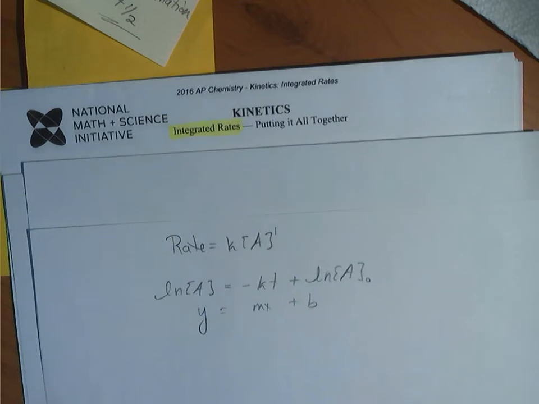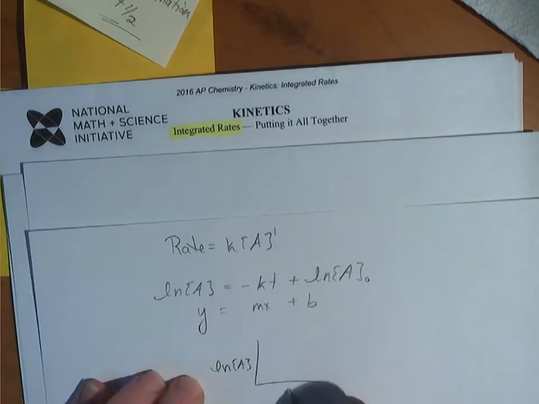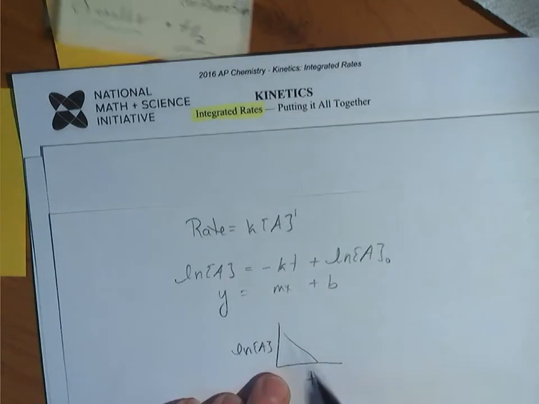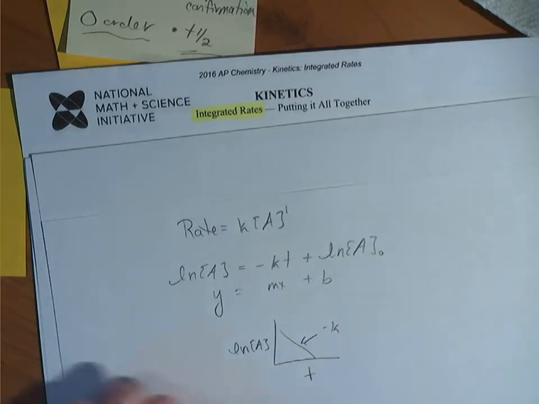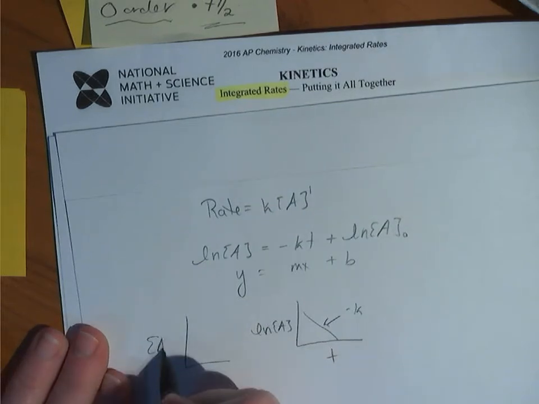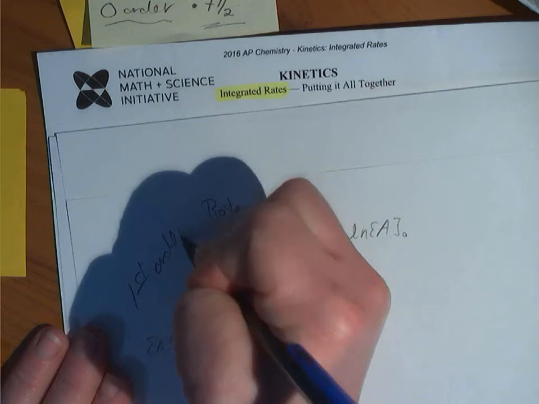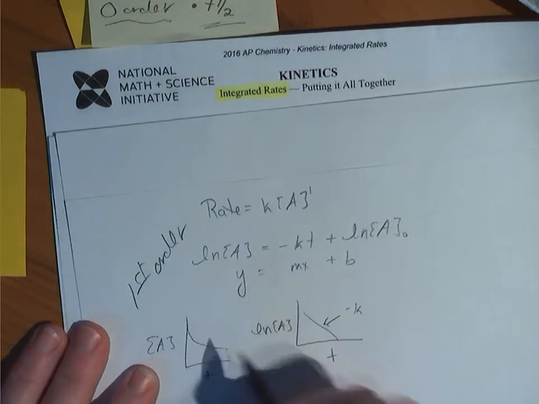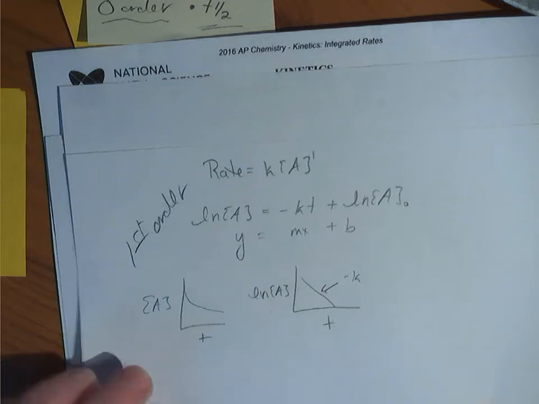So if we would graph a first order reactant of concentration versus time, this is what it'll look like. But if we would graph natural log of concentration versus time, we're going to get our linear relationship, and the slope is our negative k. Again, if we would graph concentration versus time for first order, we're going to get that exponential with negative growth. All right.